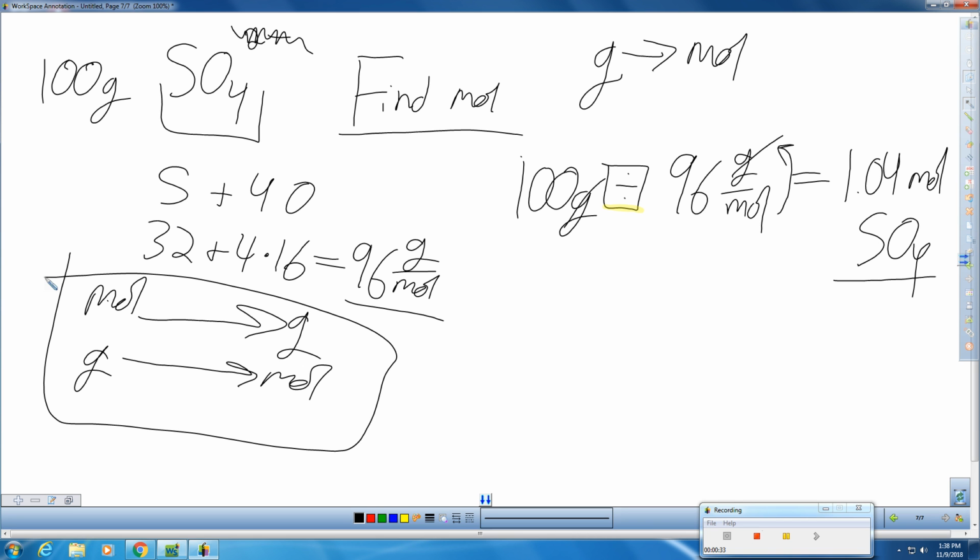In the future, we'll be able to use what we know about the sulfate to calculate the other chemicals in the equation. Got it? No, it sounds tricky. It isn't. It's just doing 4 things in a row rather than doing one thing. All right, got it? High five.